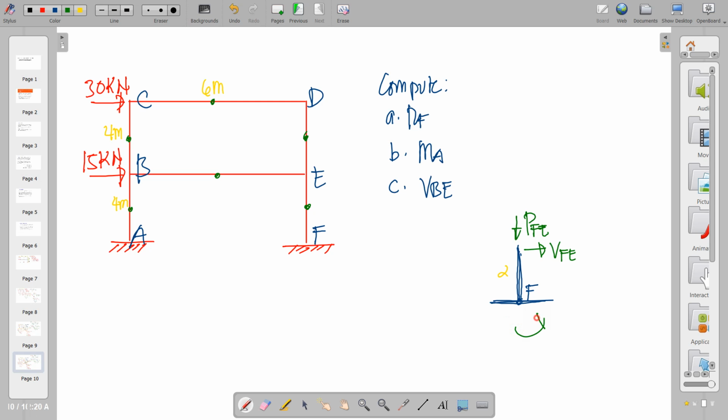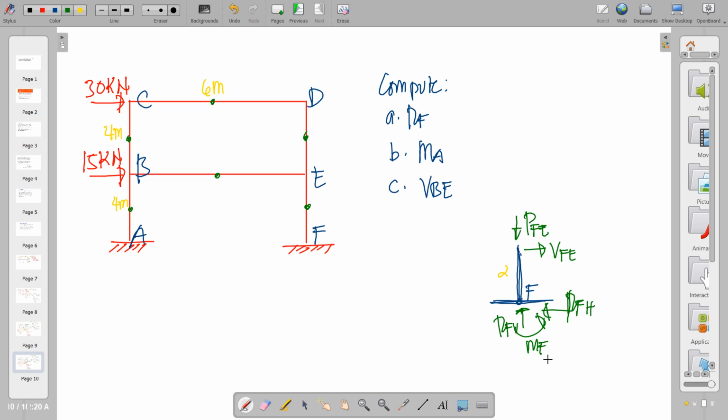Okay, there shall be moment at F here. There shall be also RF vertical and RF horizontal.